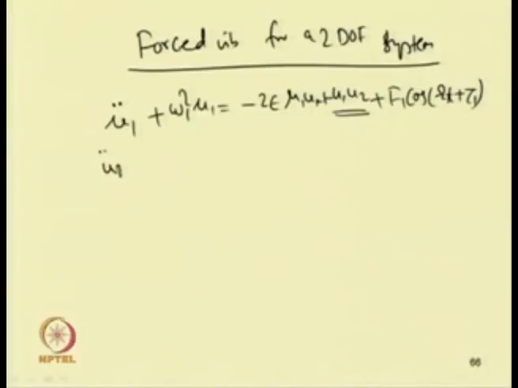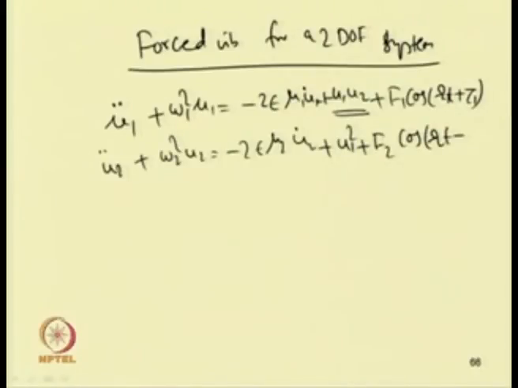Similarly, U 2 double dot plus omega 2 square U 2 equal to minus 2 epsilon mu 2 U 2 dot plus U 1 square plus F 2 cos omega t plus tau 2.